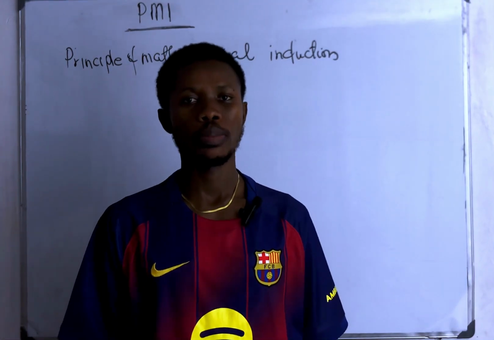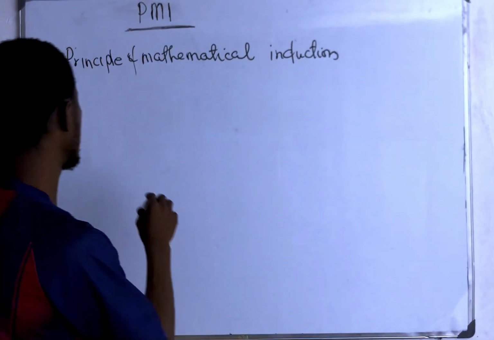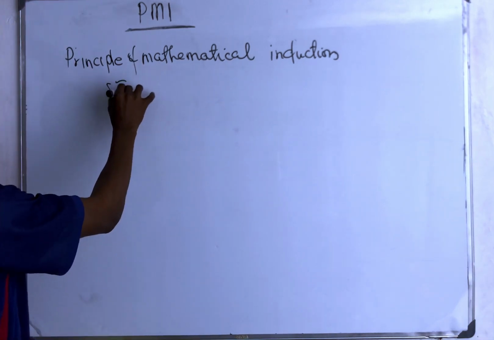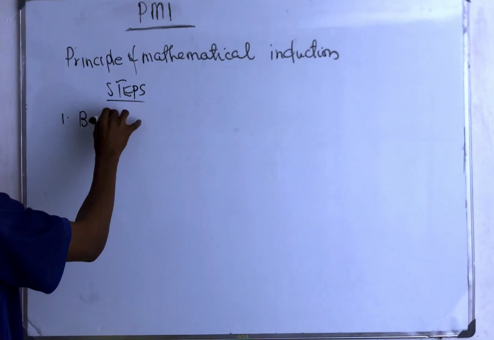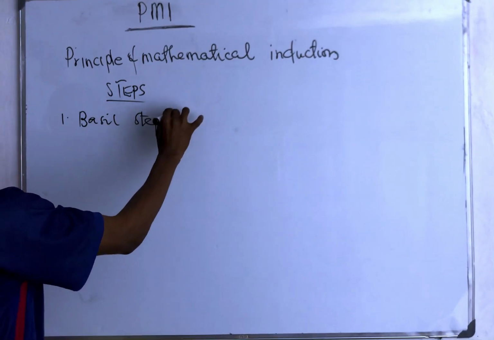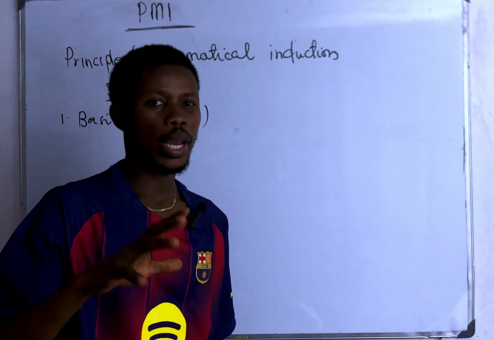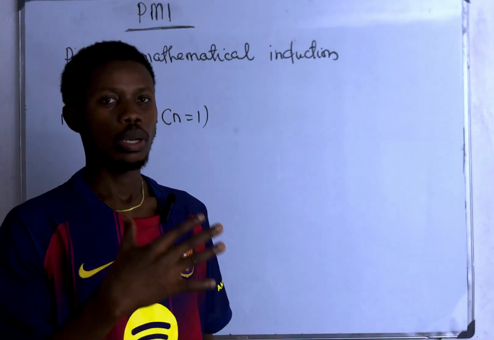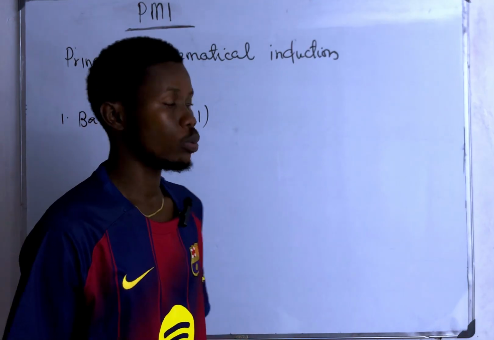For you to prove by mathematical induction, there are 3 steps to follow. The first step is the basic step, when n equals 1. You put n equals 1 into the equation, both the left and the right side, to see whether they are equal.